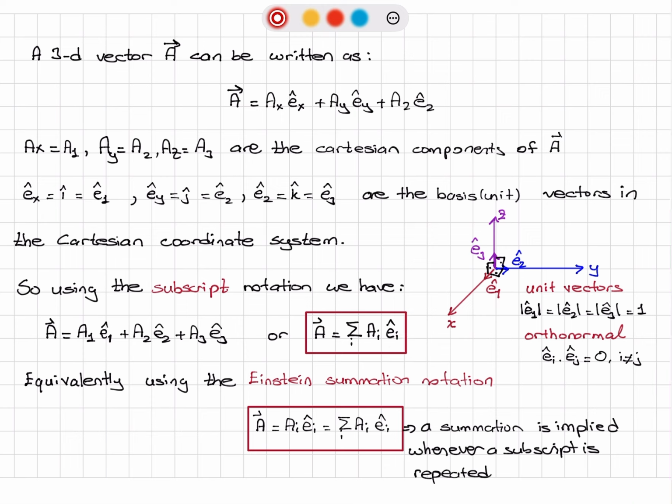Using the Einstein summation notation, whenever a subscript is repeated twice, it means there is a summation. So vector A is A_i e_i hat, which means it's the sum over i of A_i e_i hat. This summation is implied.